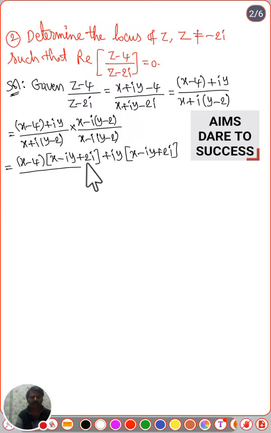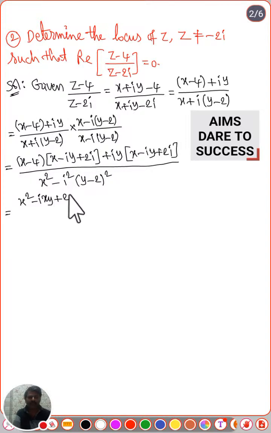The denominator looks like (a + b)(a - b), that is a square minus b square. b square means i into (y - 2) whole square, applying individually i square into (y - 2) whole square. So multiply x into x, x square minus ixy plus 2ix.